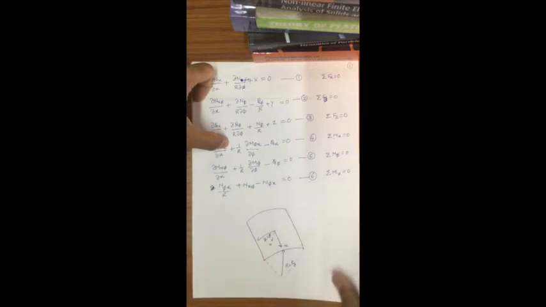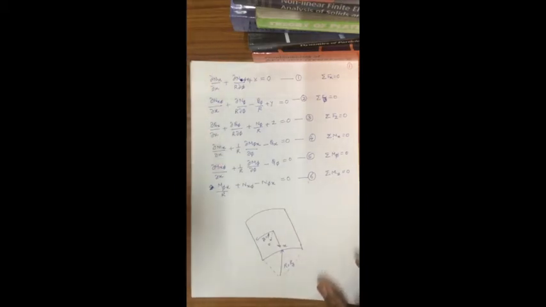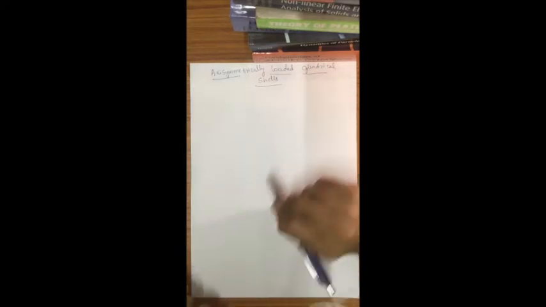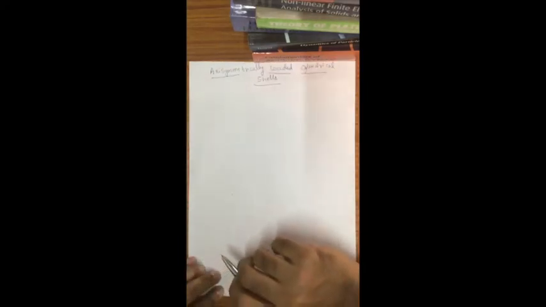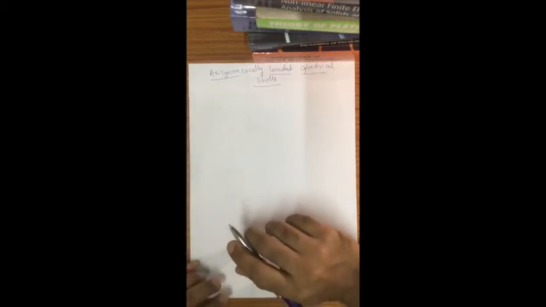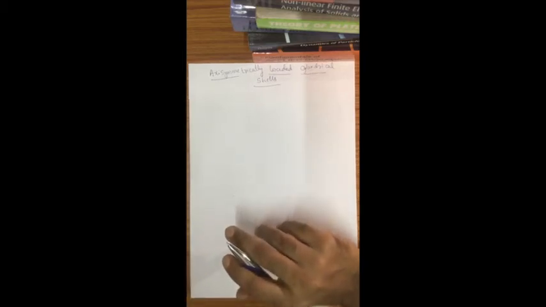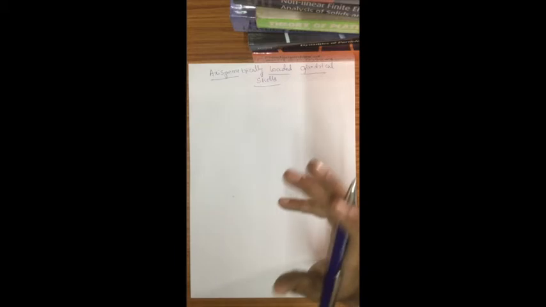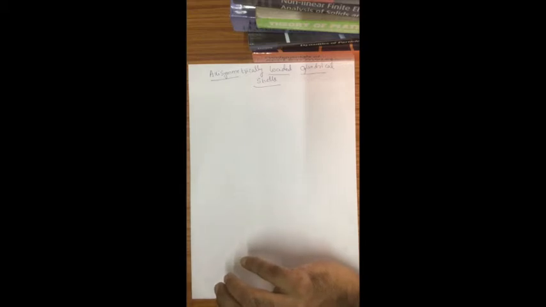So let's see how we can use these type of equations in our analysis. So we consider the axisymmetrically loaded cylindrical shell. For example, if you consider a water pipe, a tank, a kind of boiler, or any pressure vessel which is under internal pressure, you can consider it as an axisymmetrically loaded cylindrical shell.